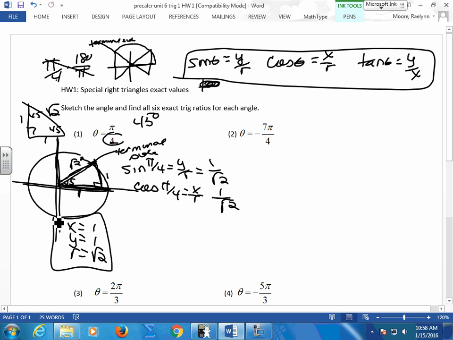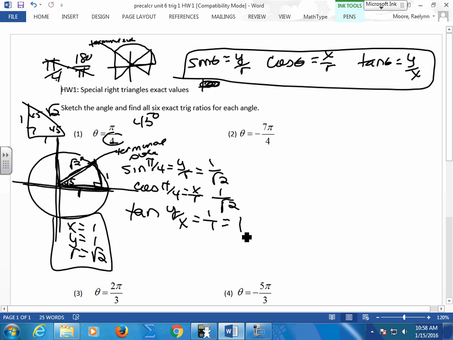Once you establish that, that's where your positives and negatives come from. You don't have to go back and check All Students Take Chemistry. You don't have to go back and check any of that. My tangent is y over x, 1 over 1, and that's 1.